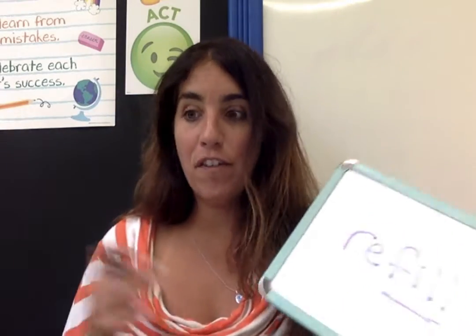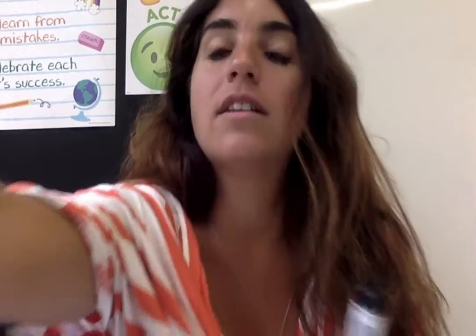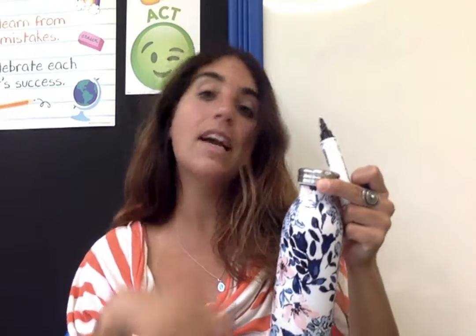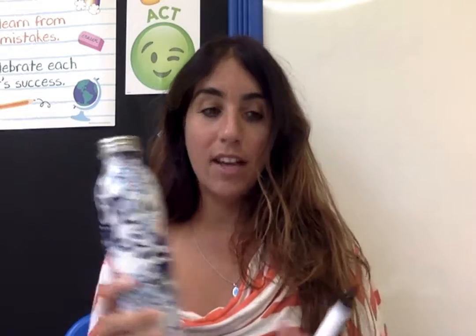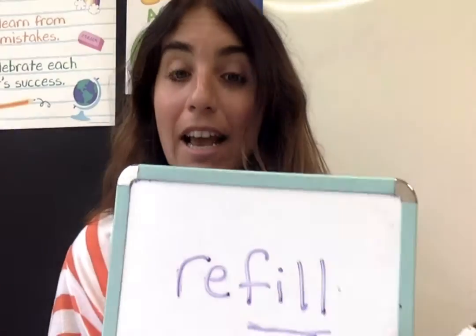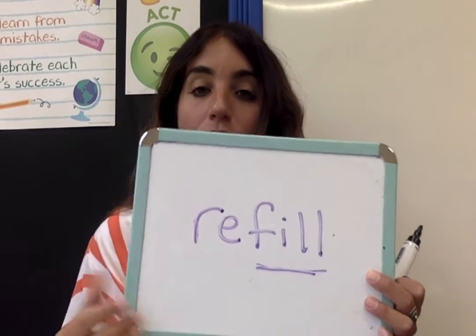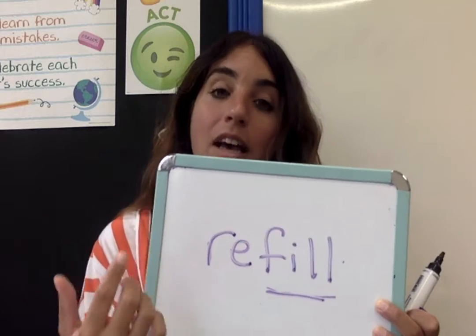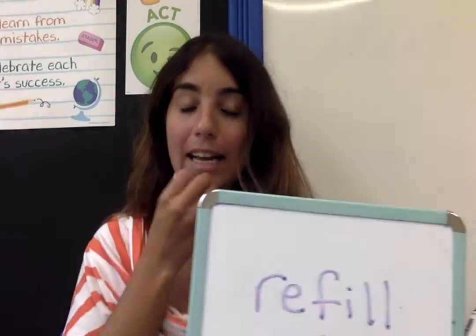So the meaning of fill, if I have my water bottle here, this is my water bottle. If I have my water bottle here, and I say, fill up this water bottle. So I would take water, and I would fill up my water bottle. Now let's say I drink all of my water, and there's no more water. Then what I could say is, Ms. Garcia, please refill my water bottle. So that's different than fill. And it's different because that means that it needs to be filled a second time.